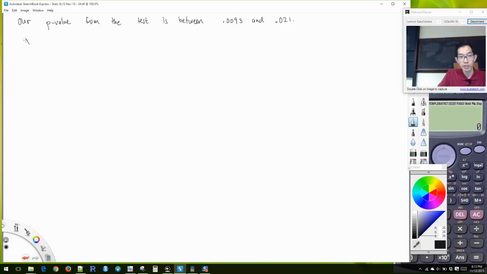We would reject the null hypothesis, and this means we have evidence that the population distribution of the two groups produce different values.